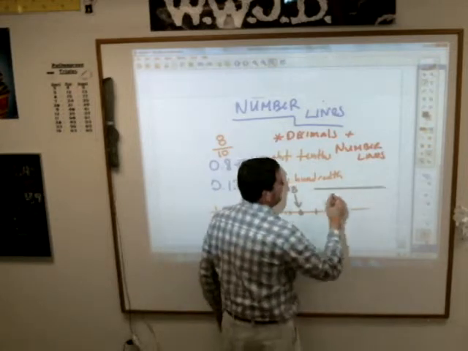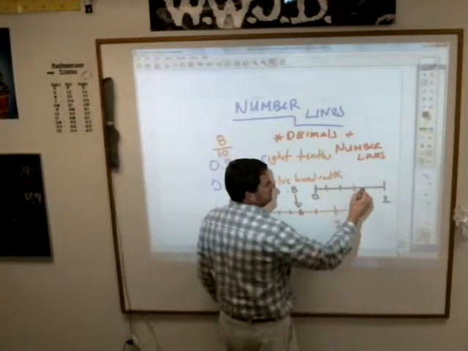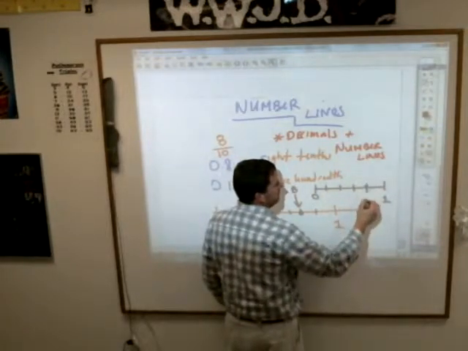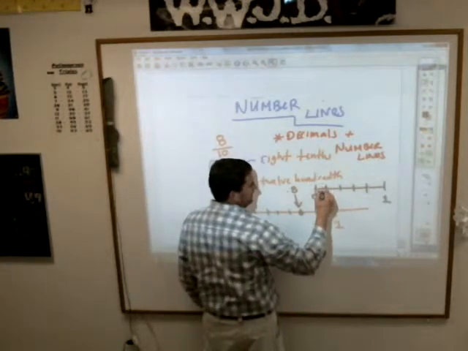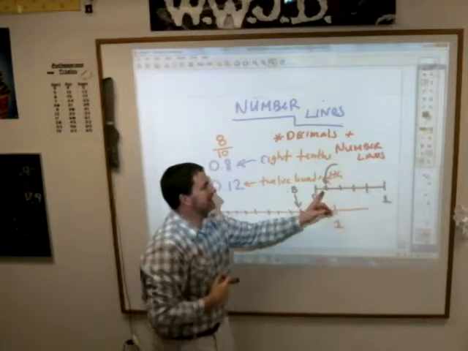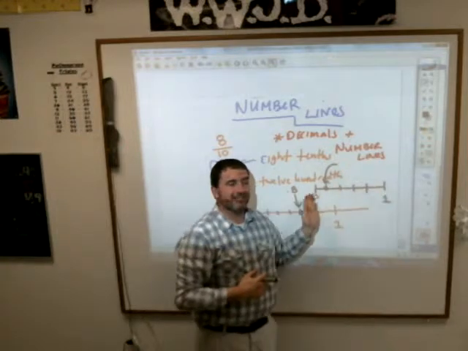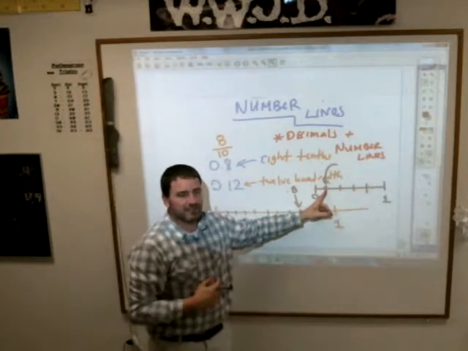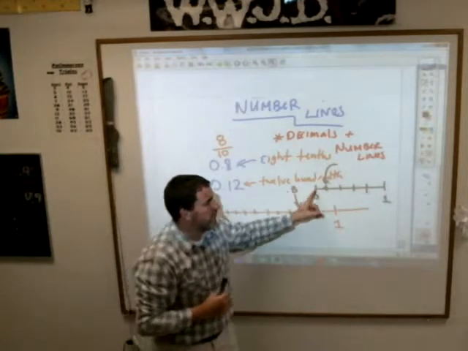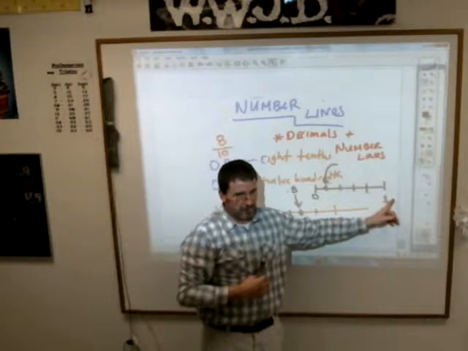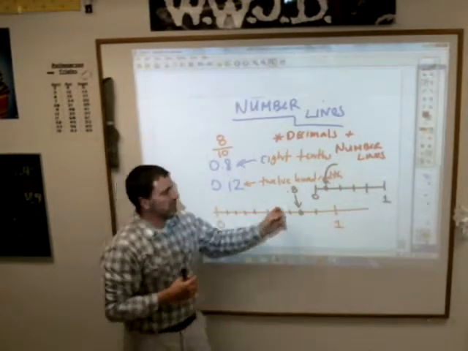If I had a 0 here and a 1 here, and I have 1, 2, 3, and I put a point right there, it's not a decimal, and I asked you to give me the decimal for that. Because this is not split into tenths, you can't say that that's 0.1, because that spot is not 1/10 of the way over. So number lines only work for decimal numbers when they're split into tenths.